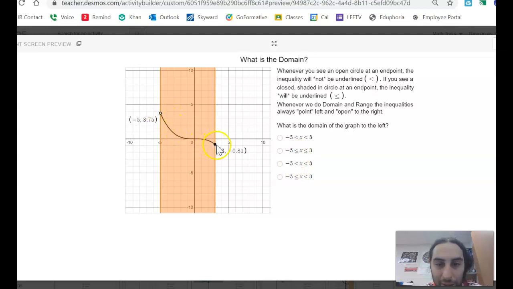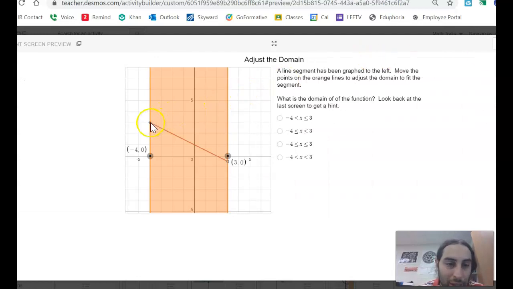On the very far right is 3 shaded in. That one does have shaded in, so it will be underlined for your inequality. So from -5 to 3, not underlined to underlined. So it can't be the first one, it must be the third one, okay? Make sure you have those correctly marked as we're going through this, okay?